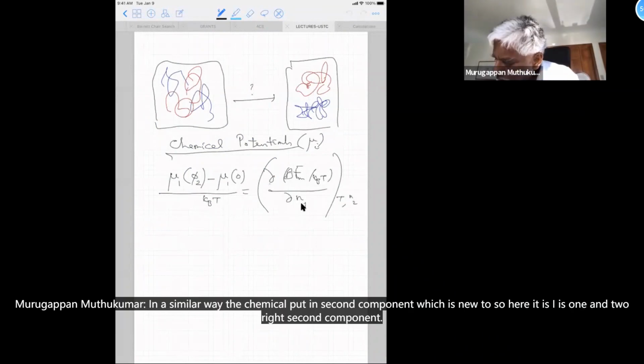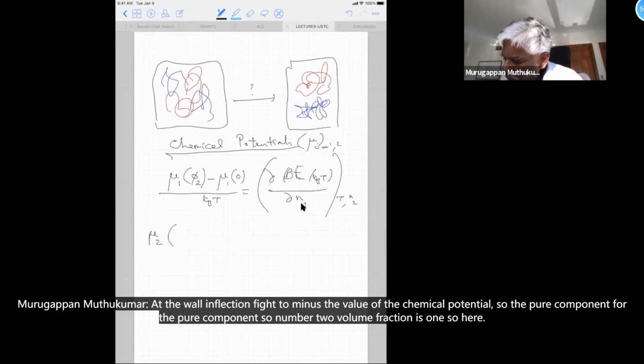In a similar way, the chemical potential of the second component, which is mu2, so here this i is 1 and 2, right? Second component, at the volume fraction phi2, minus the value of the chemical potential for the pure component. For the pure component, number 2, volume fraction is 1.